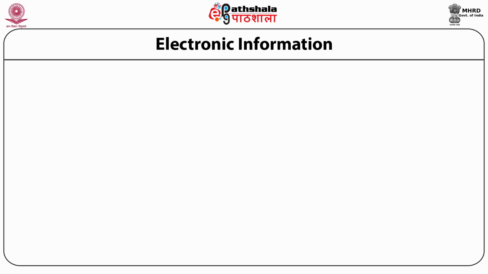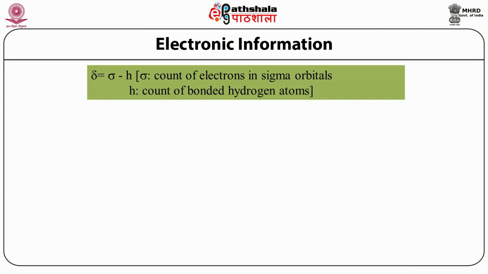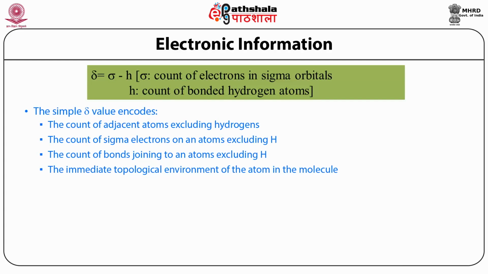Here is the expansion of how to calculate the delta values from sigma minus H. Sigma is the count of electrons in the sigma orbital and H is the count of bonded hydrogen atoms. These are very simple to calculate by having the numbers and graphs in your hand or in your computer.